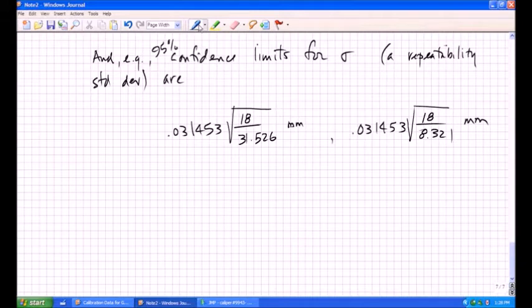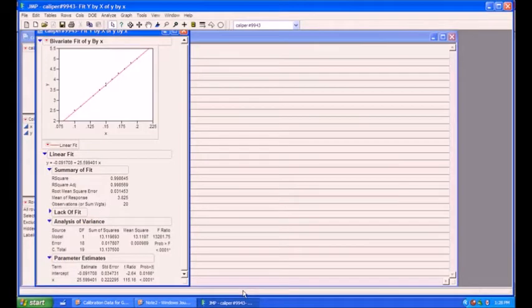Now, another thing that I can draw from this regression analysis is to come here and look at this equation that says how I think average y is related to x, and I can think about perhaps using this equation if at some later point I read out some value of y, coming over to this line and dropping down and seeing what the corresponding value of x would be.